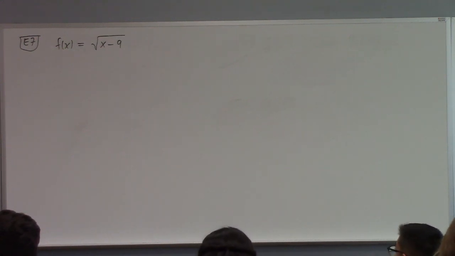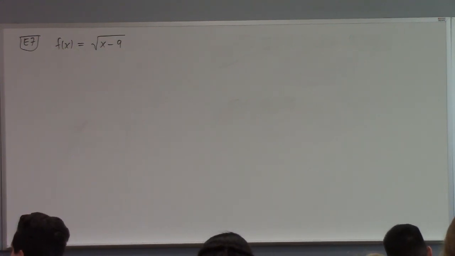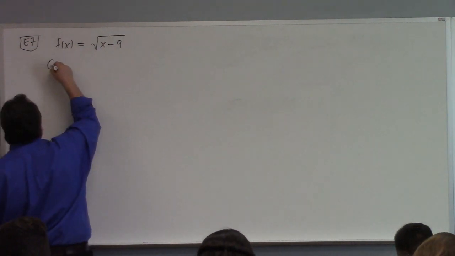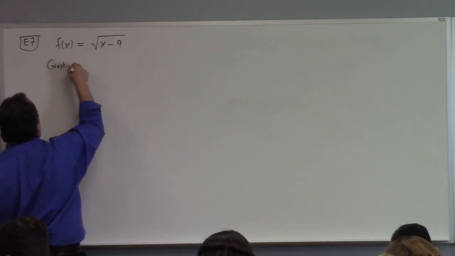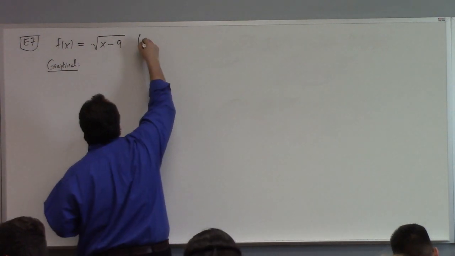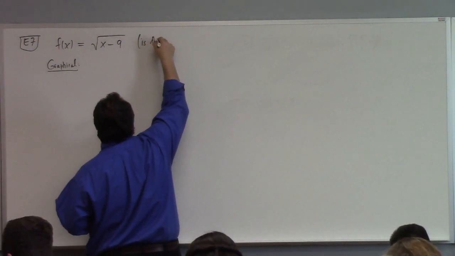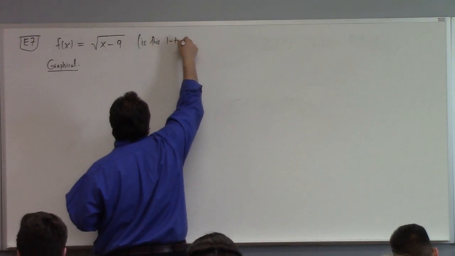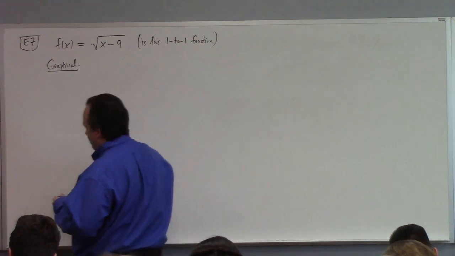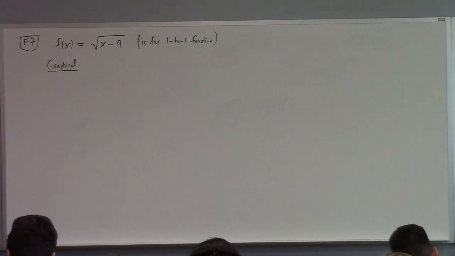All right. So there are 2 ways to go about this. The one way would be graphical. So here's a graphical solution. And the question that's asked is, is this one-to-one? It is.